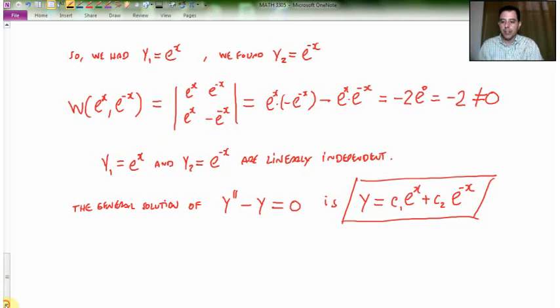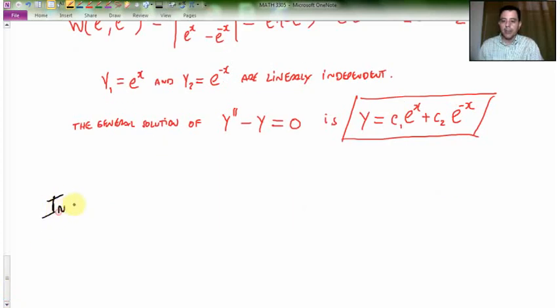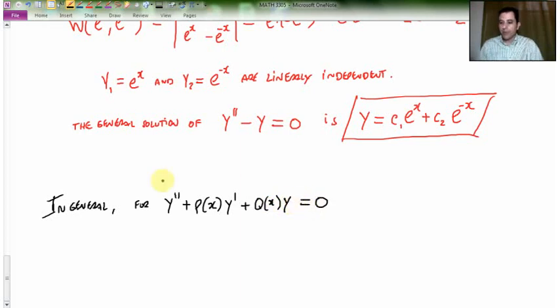In general, for y'' + p(x) y' + q(x) y = 0, we can do the same idea, the same process, but it becomes very complicated, with lots of algebraic manipulations. But the book gives a formula, and for now we're going to memorize this formula.